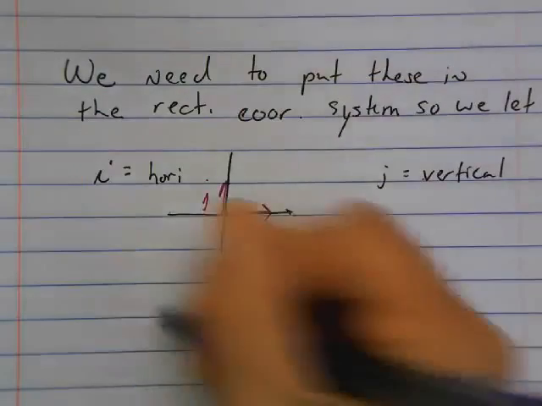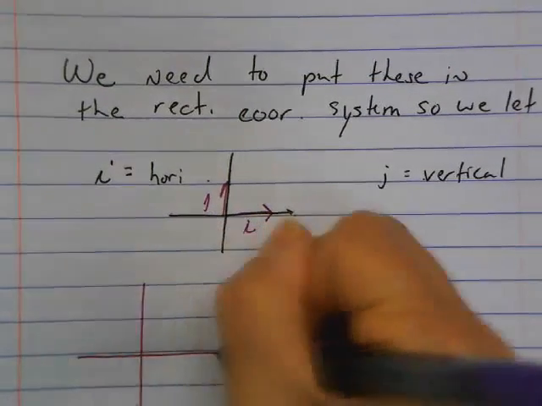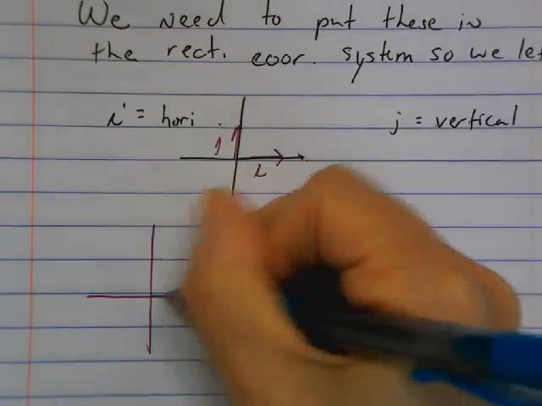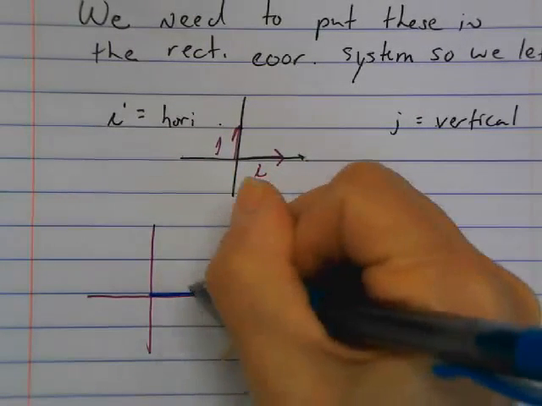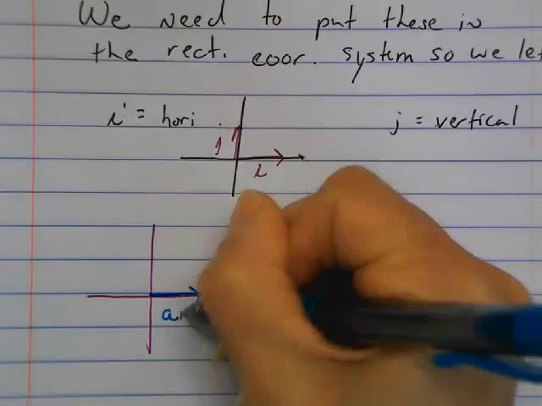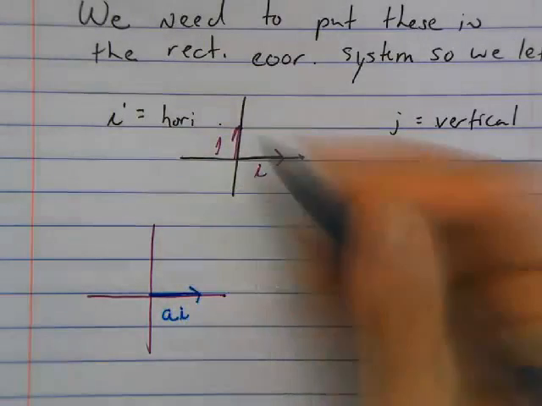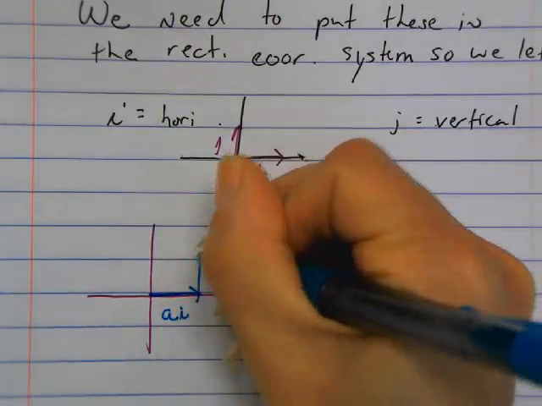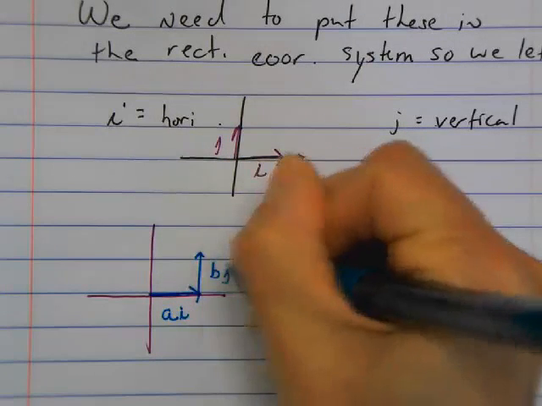So now what you'll see is that we have some distance this way, which we'll call aI, right? a is any number, so this could be 3, this could be 10, this could be 50, plus bJ.